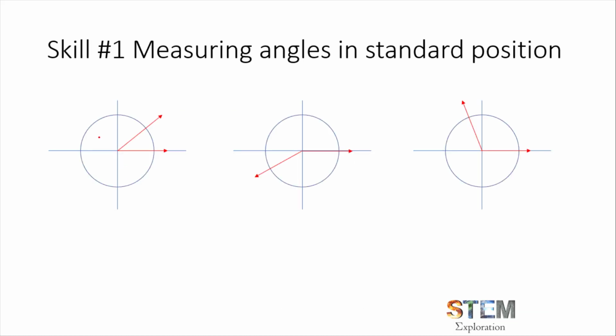So to get started, I want to look at how to measure angles in standard position. One of the first things I want to go over is the unit circle. If we want to measure the angle of a unit circle, the first thing we usually take into consideration is what quadrant the angle is in. Everything starts with an initial side right here, which is just at 0 degrees, the beginning of quadrant 1.